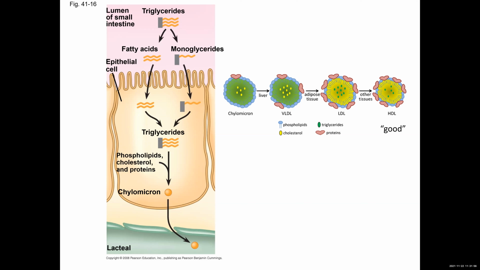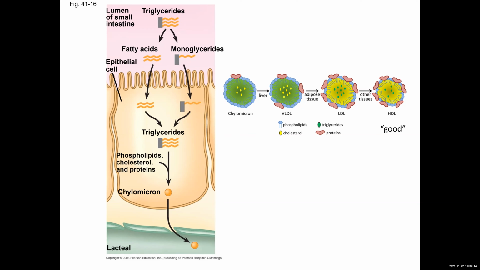The chylomicron is going to have phospholipid heads on the outside. Remember, those are the molecules that make up our cell membrane, and they've got the phosphate head that mixes with water. And then they've got the fatty acid tails on the inside.